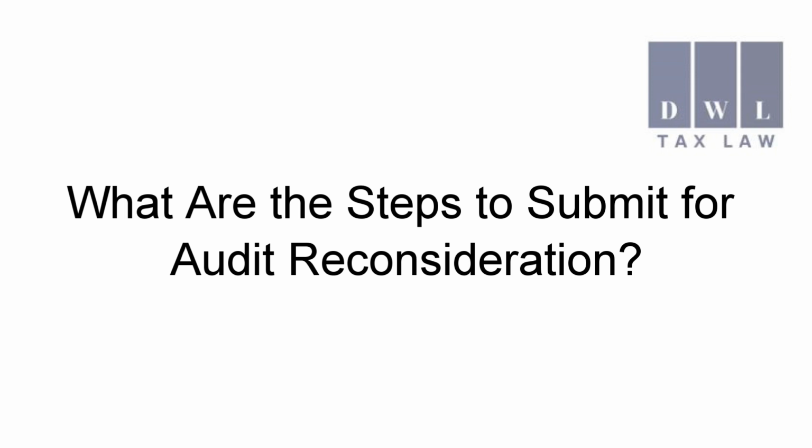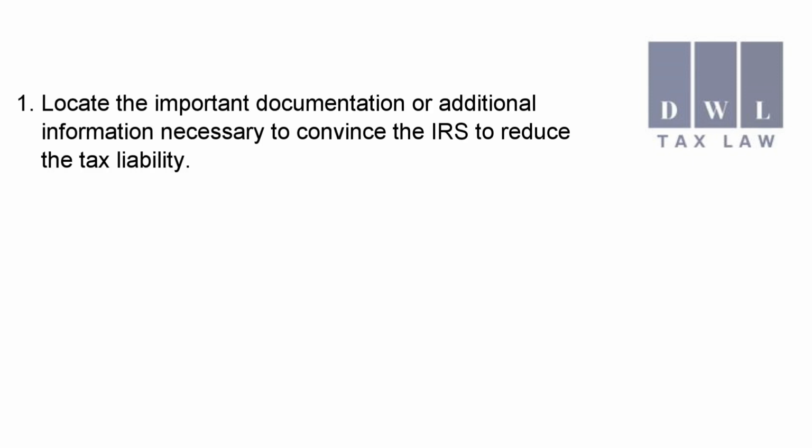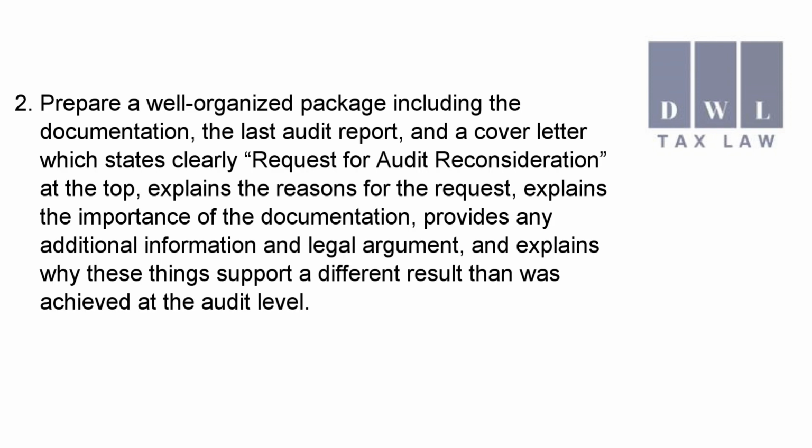What are the steps to submit for audit reconsideration? Though they may vary in individual cases, the typical steps to submit a request for audit reconsideration are: 1. Locate the important documentation or additional information necessary to convince the IRS to reduce the tax liability. 2.